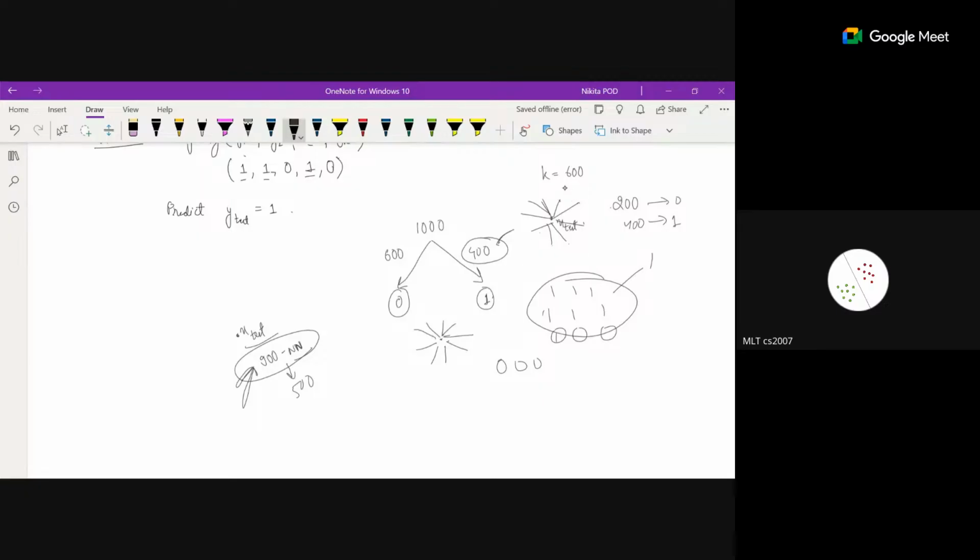In that case, if k is 600, I should label it as 1.